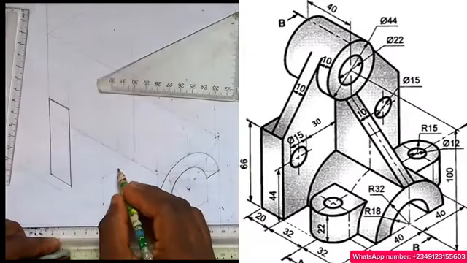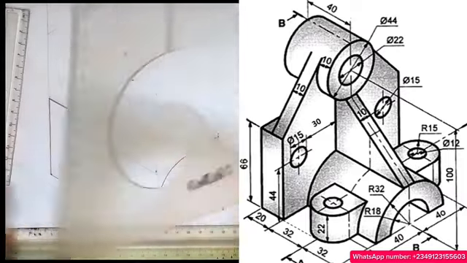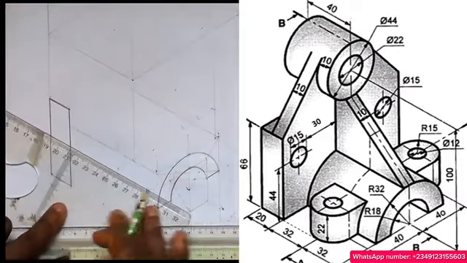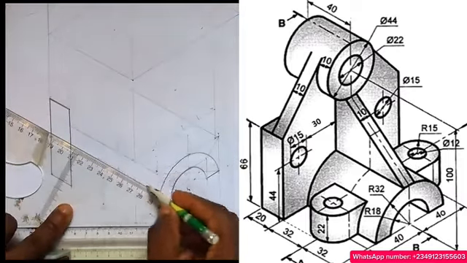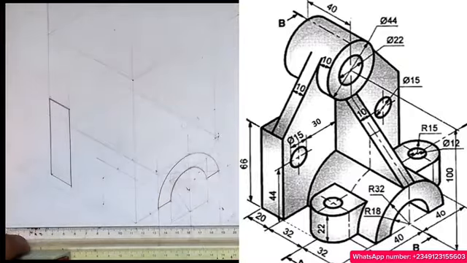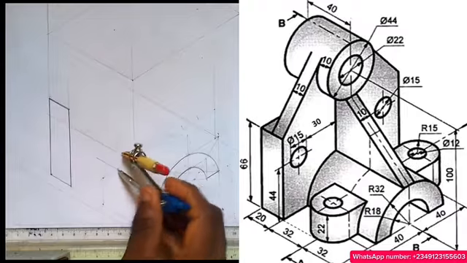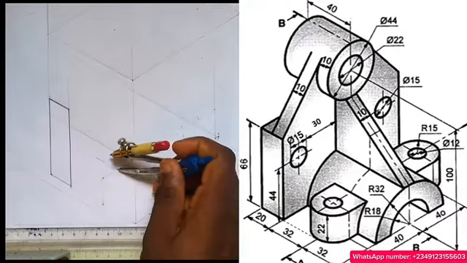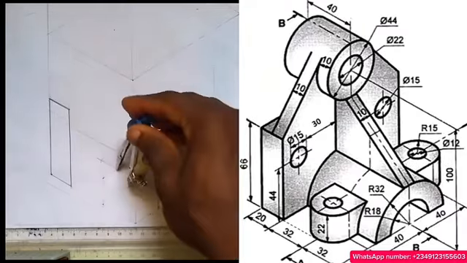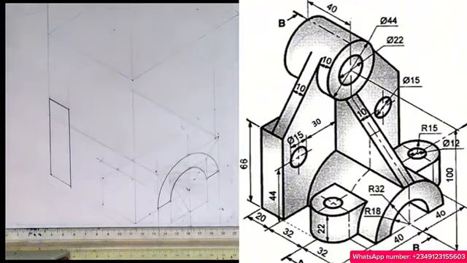Since I've marked an arc of 15 here, I'll take it this way. So I've measured 15 in this way. Then I'll take it this way, 15 here and 15 here, right?